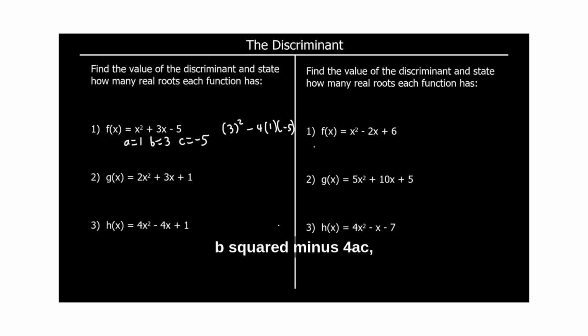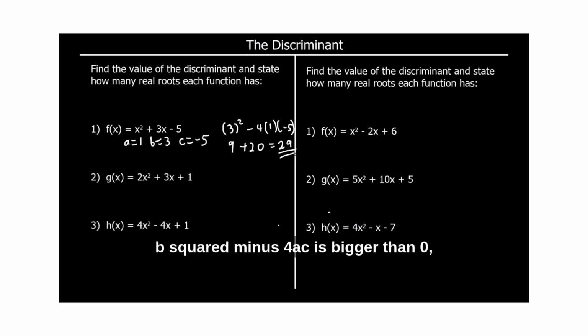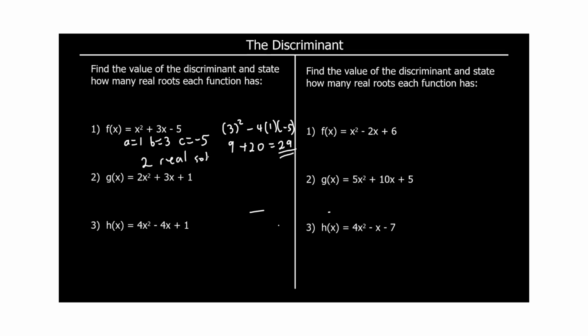That's 9, take away negative 4 times 1 times negative 5. A negative times a negative is positive. 4 5s are 20. So that's 29. So it's positive, b squared minus 4ac is bigger than 0, so it's got two real solutions.